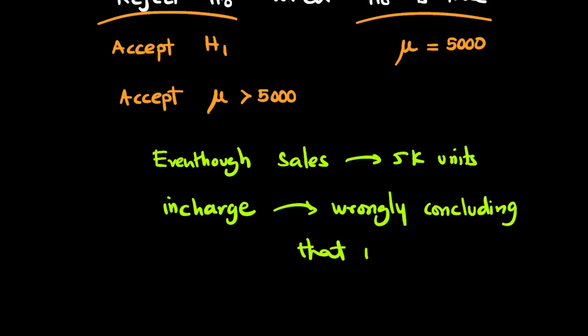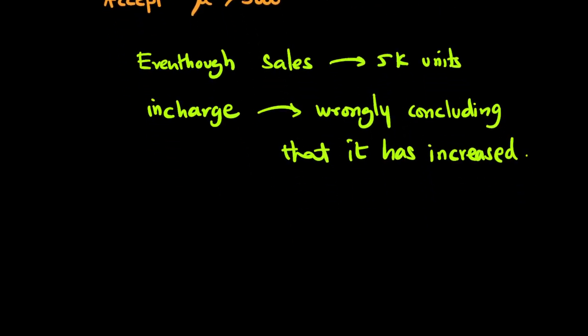This is not true. This is an error. So that is what is happening with type 1 error. Even though the sales is still 5000, the person in charge, the manager or the supervisor, is wrongly concluding that it has increased.